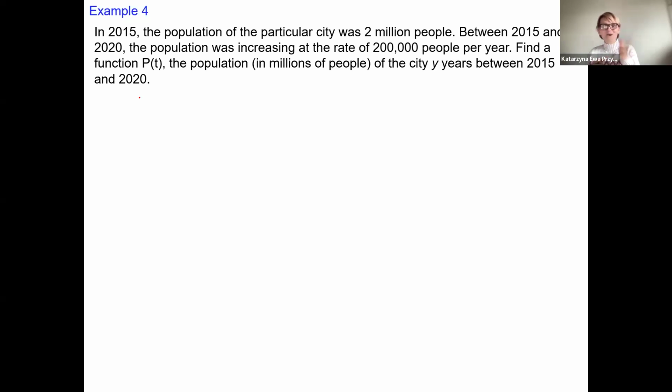We can see a constant increase. That's the message for us that we may figure out the model, linear or not linear. Find a function P of t, the population in millions of people of the city t years after 2015, between 2015 and 2020. Oh wow, we have a function that fast.